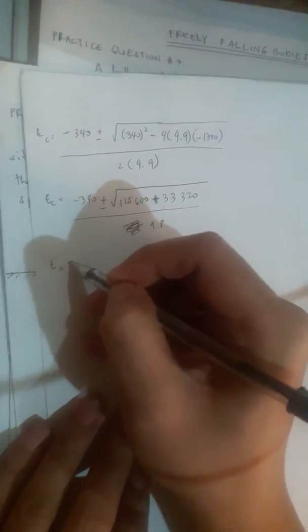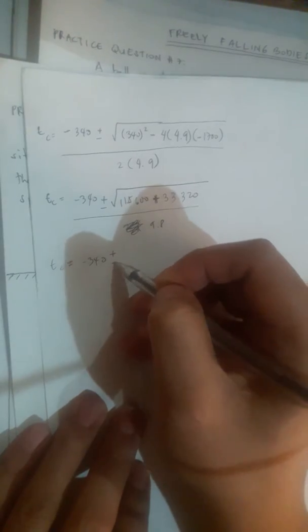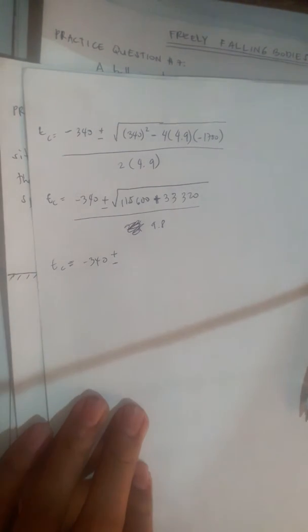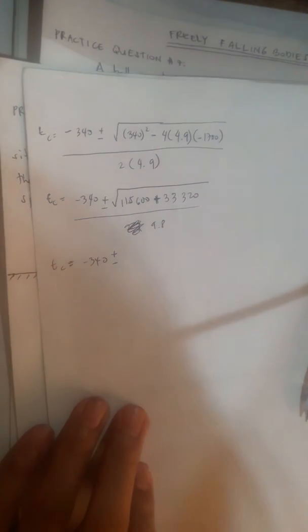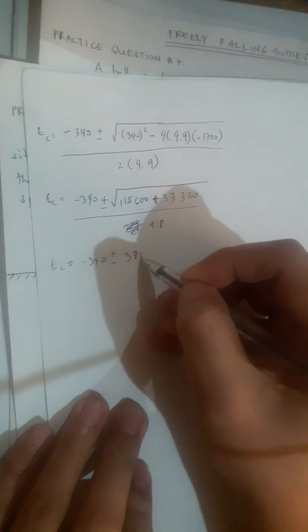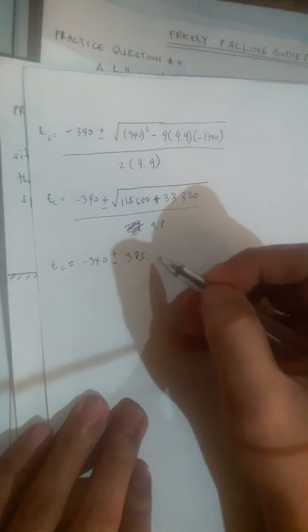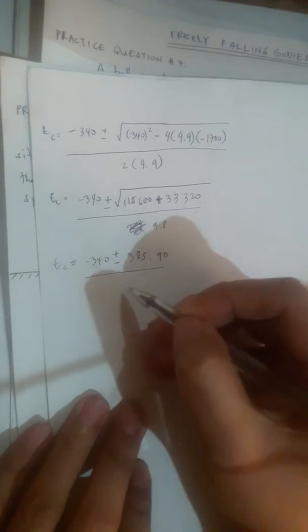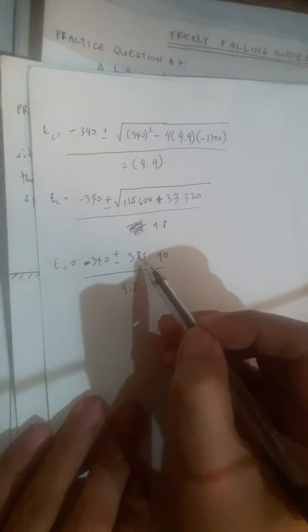Okay, so the TC is equals to negative 340 plus or minus, i-add natin sila, kunin yung square root, that's equal to 385.90. Okay. All over 9.8. Okay. So, since negative siya, pag inadd ko pa siya sa negative nito, magne-negative na siya.